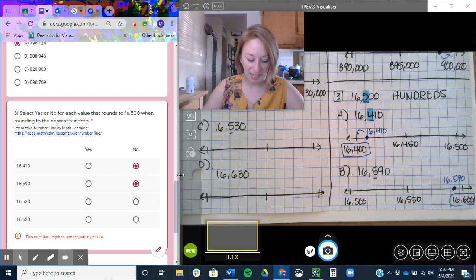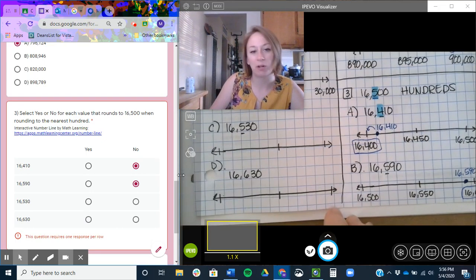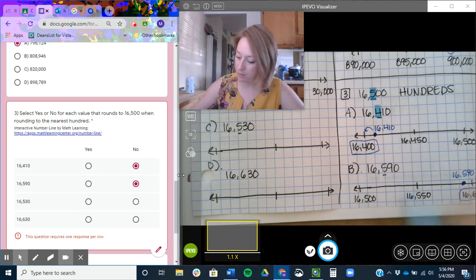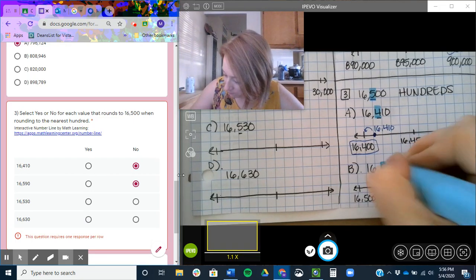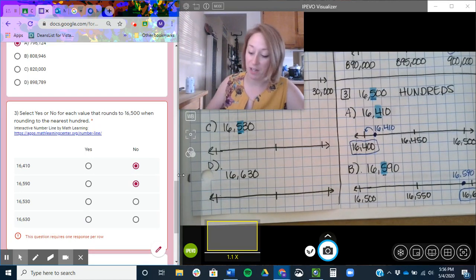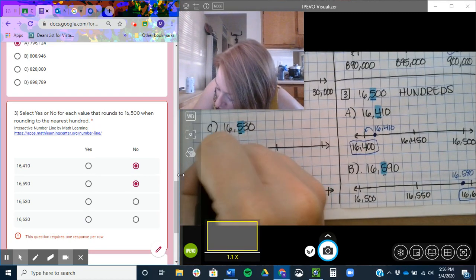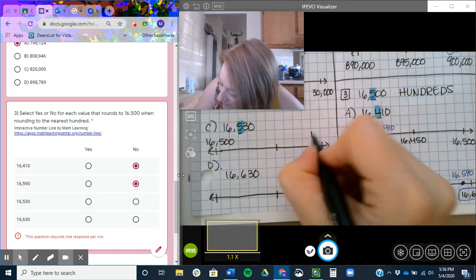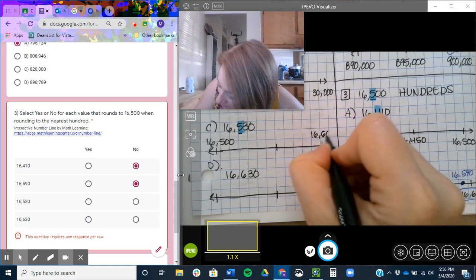Okay, now let's go ahead and do the next two together. I actually already had my number line set up because I'm starting to run out of room, so I wanted to be very careful about my work. Okay, 16,530. That one also has 5 in the hundreds place. So we would label 16,500. And the next 100 would be 16,600.